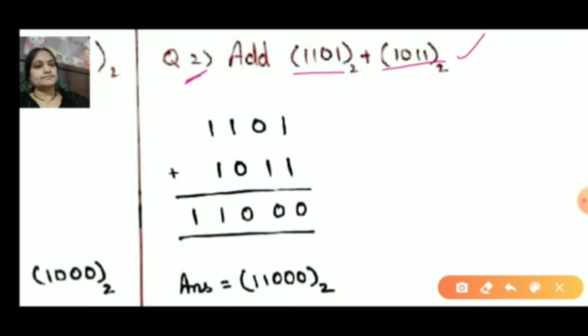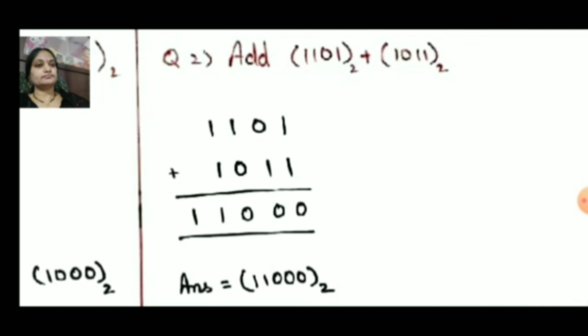That is, the binary equivalent of 2 is 1 0 and the binary equivalent of 3 is equals to 1 1. Remember these two things. Okay. The binary equivalent of 2 is 1 0 and the binary equivalent of 3 is 1 1.